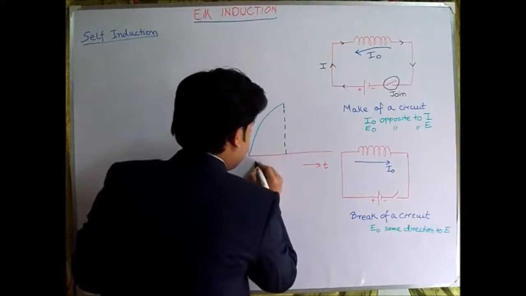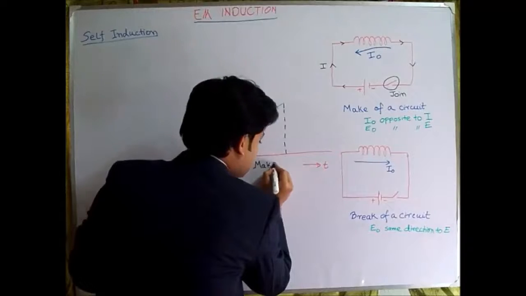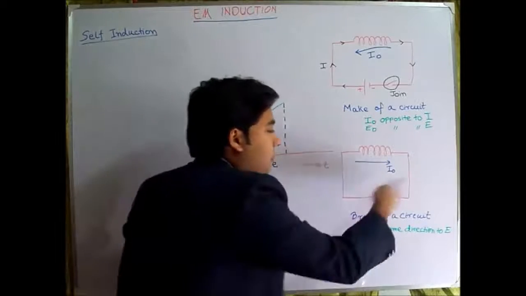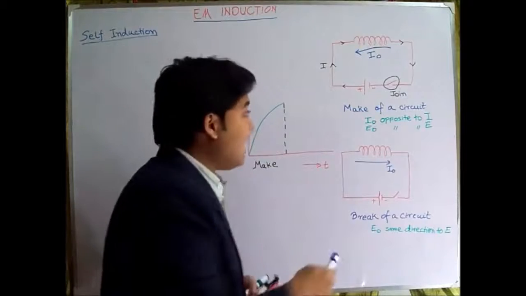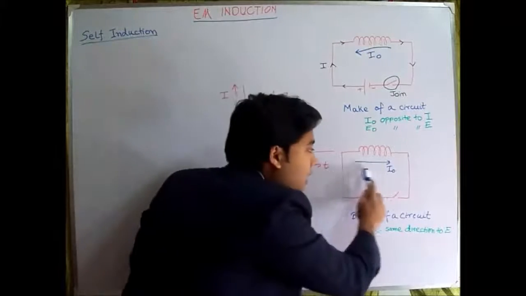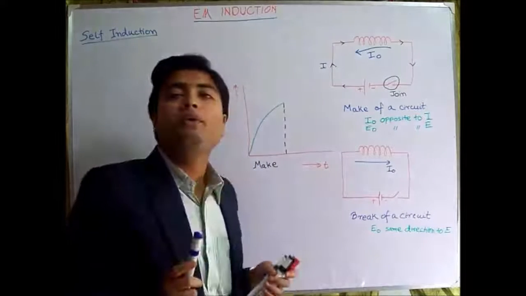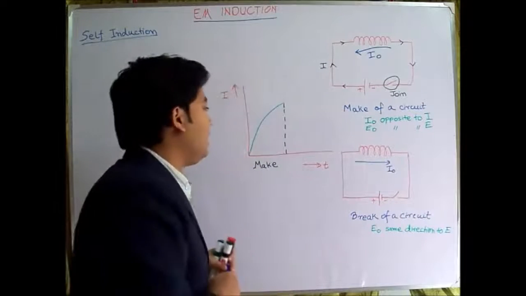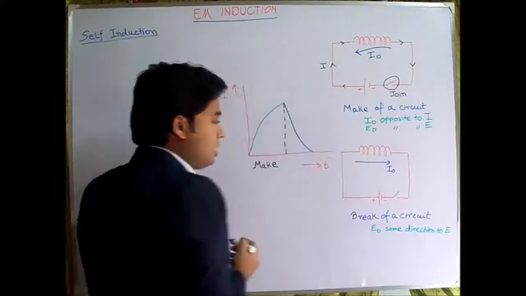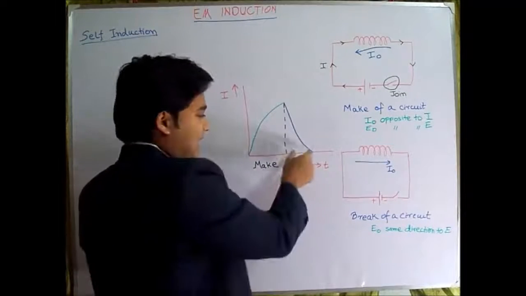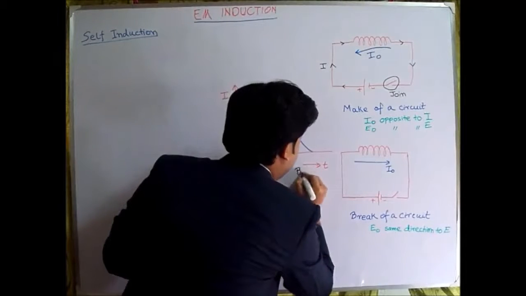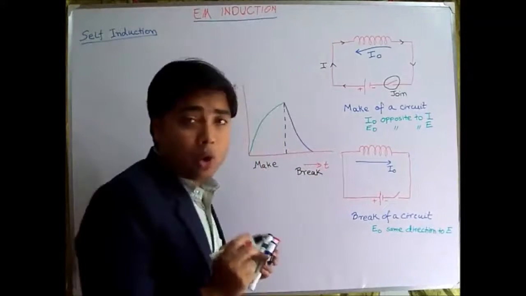Afterwards, when the circuit is broken, the current will not drop directly to zero, because due to the induced EMF there will be a current flowing, so it will be likewise. This small portion is for the break of a circuit.